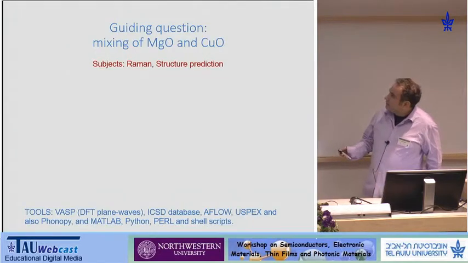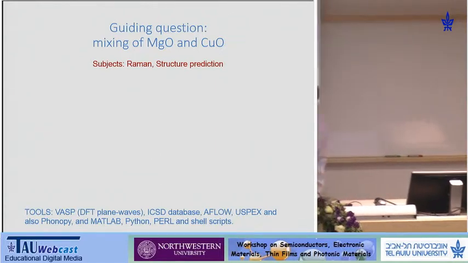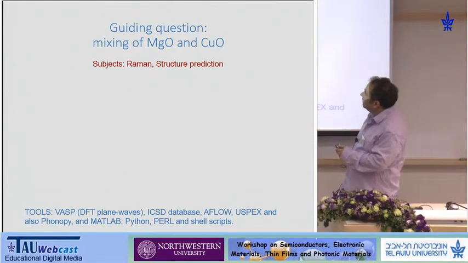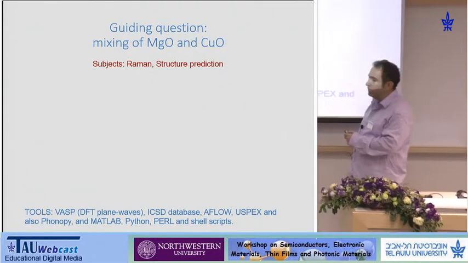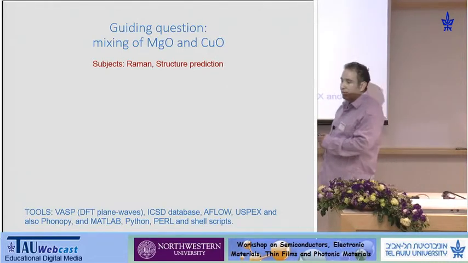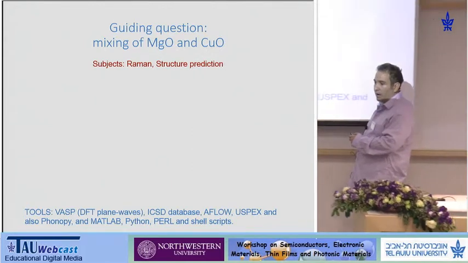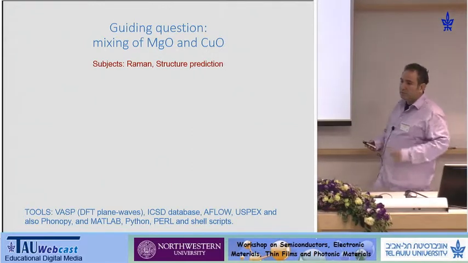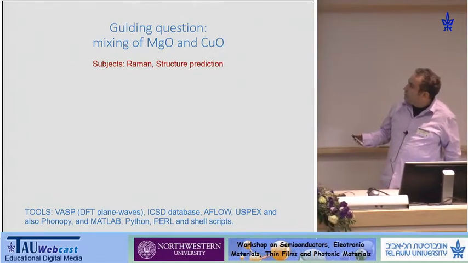So in this talk, I'm using a guiding example where my experimental collaborators mixed magnesia and copper oxide, and they got in the mixture also some photoactive material, which they were not sure about its properties.